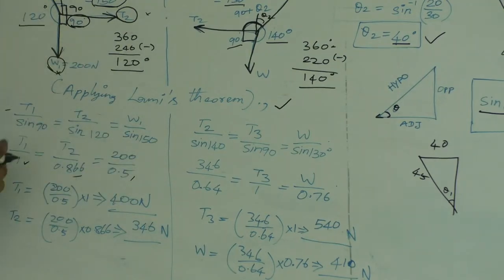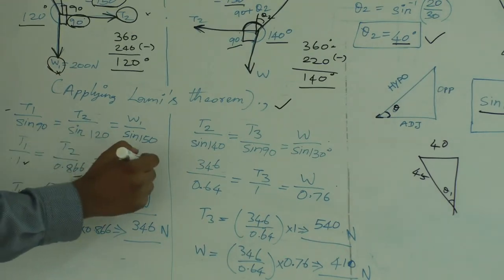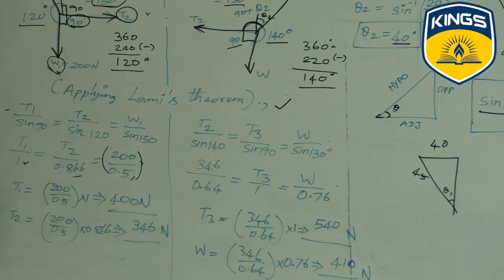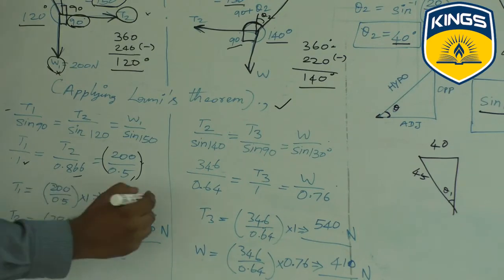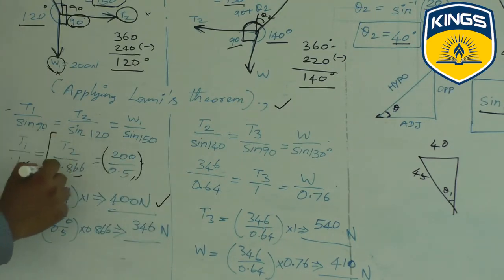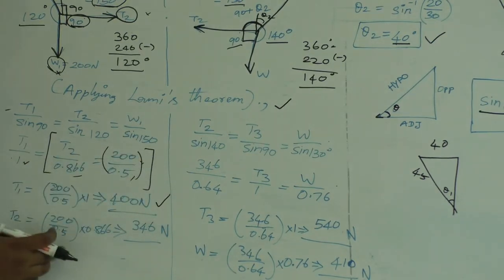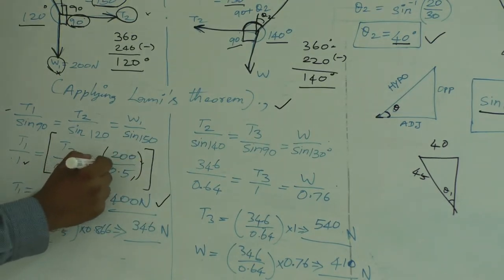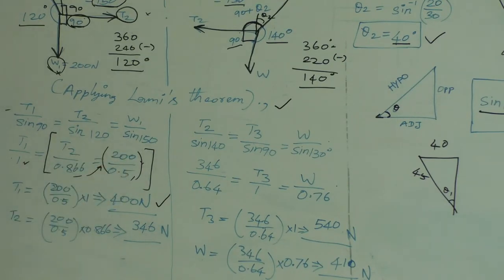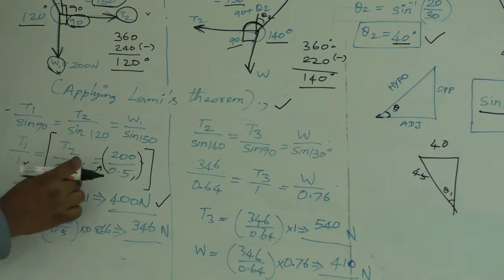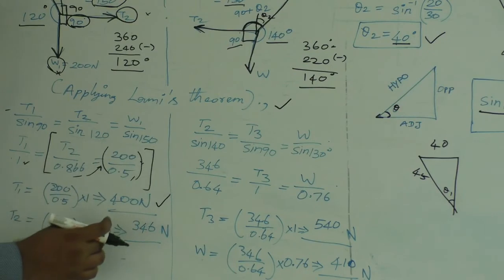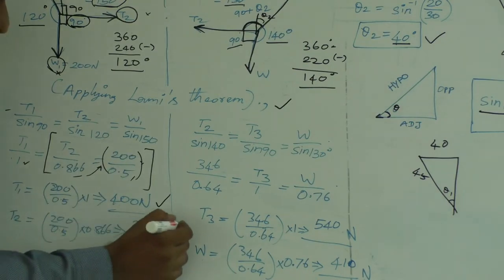T1 is equal to 200 divided by 0.5, so the value is 400 Newton. After that, T2 divided by 0.866 equals 200 divided by 0.5, so T2 is 0.866 multiplied by 200 divided by 0.5, and we find the value of 346 Newton.